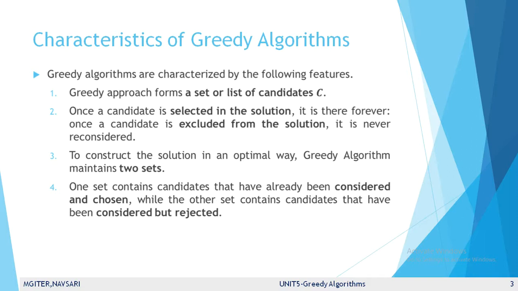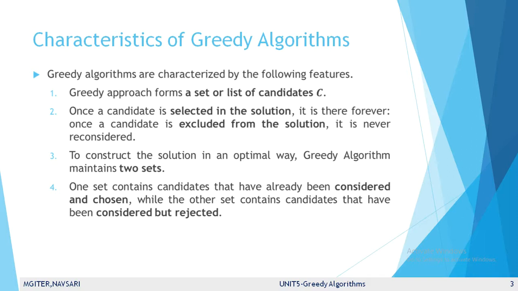At each step, the choice made should be feasible, optimal, and irrevocable. First, feasible means the choice should satisfy the problem constraint, that is, the problem condition.